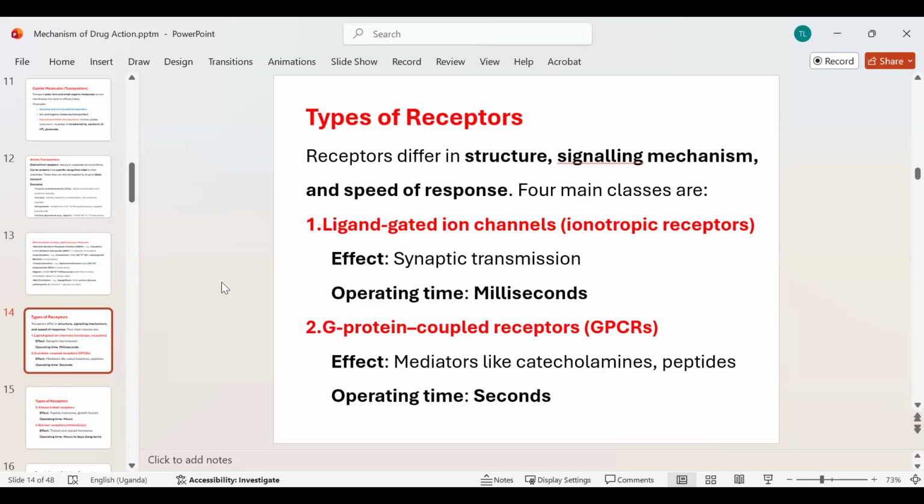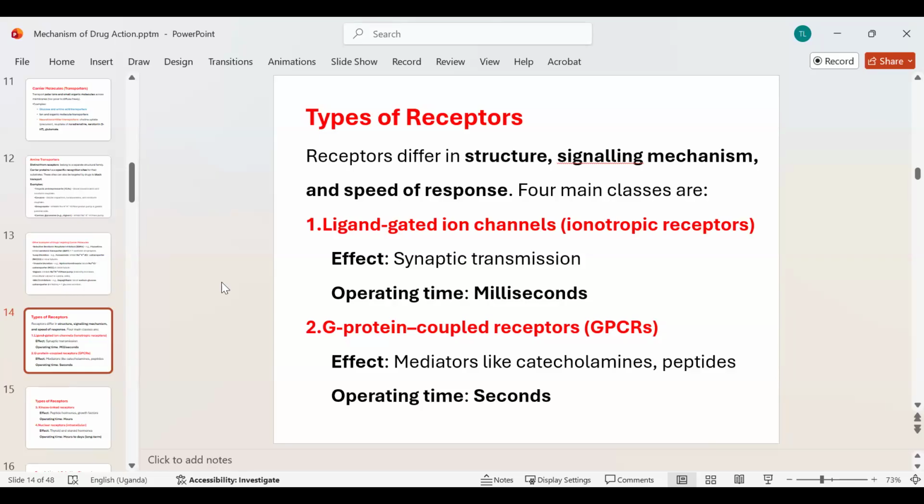That is how most of these drugs work, the drugs which we call sedatives, hypnotics, and anxiolytic agents.